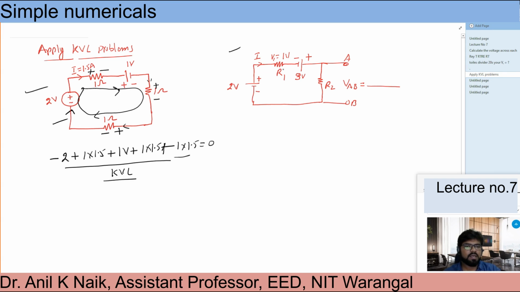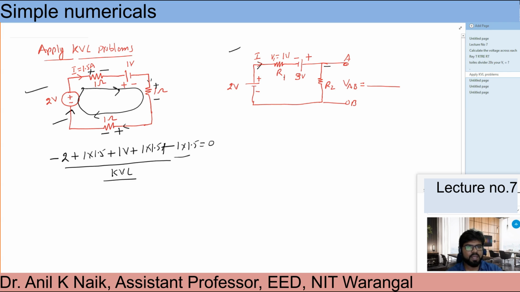This is the diagram given to me, and they are asking me to find the voltage across the R2 resistance. My current direction is already given, flowing like this.